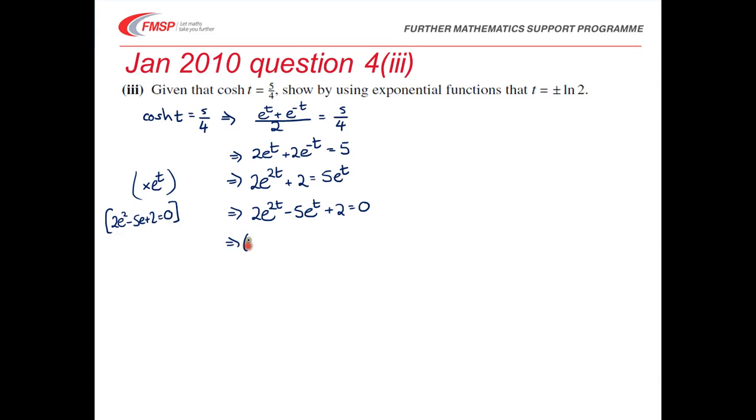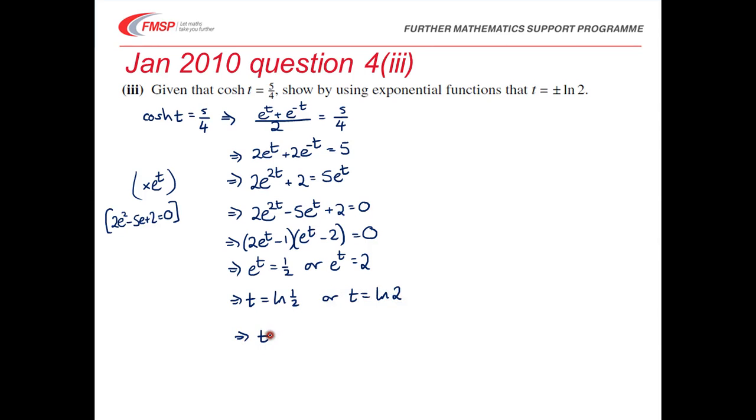But we get 2e to the t minus 1, e to the t minus 2 equals 0, from which we get e to the t equals a half or e to the t equals 2, and therefore t is log a half or t equals log 2, and of course log a half is minus log 2, so we end up with t being plus or minus log 2, which was the answer we were supposed to get.